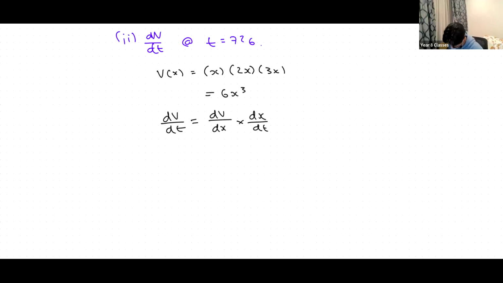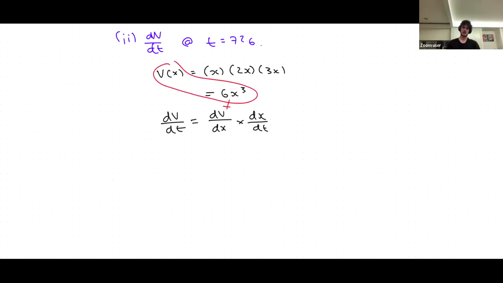True, but what do you think informs it? It's because you've found V as a function of x, so you can find dV/dx. We found V as a function of x, but we have yet to differentiate it. Oh yeah, so we need to differentiate it now.